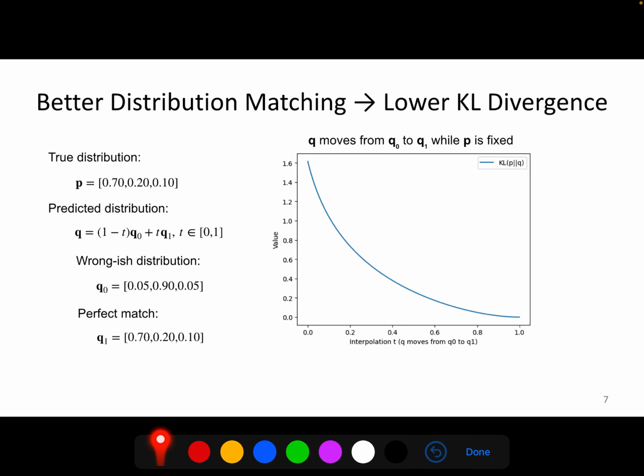As we can see, as Q gets closer to P, the KL divergence decreases. When they match exactly, the KL divergence is 0. So, KL divergence is minimized when the model distribution matches the true distribution.